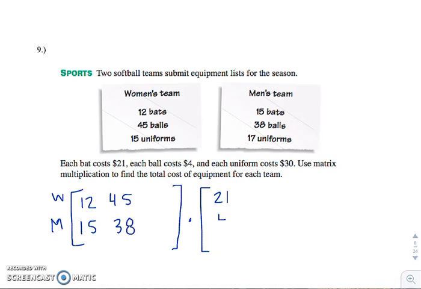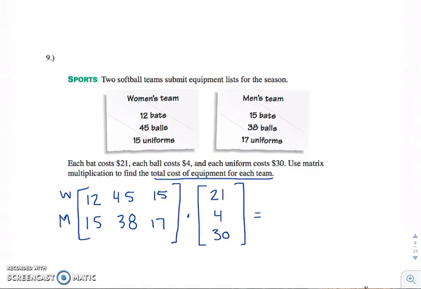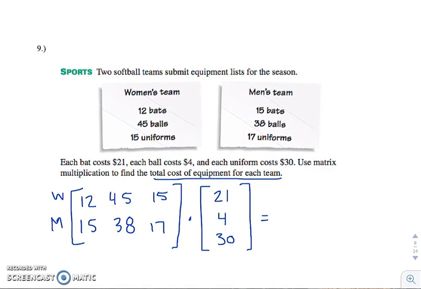They cost $4. And for the uniforms, women need 15 uniforms, the men need 17 uniforms, and they cost $30 each. So go ahead and from there, figure out the total cost of equipment for each team. Now you guys can go ahead and multiply those together since I got you started.